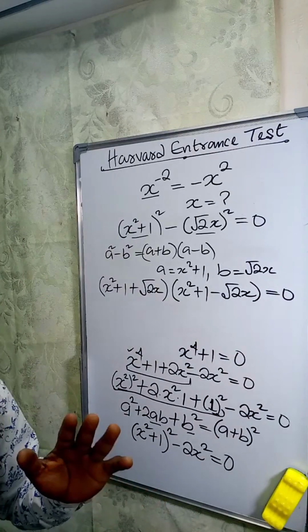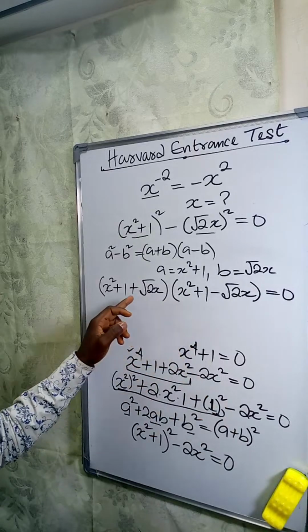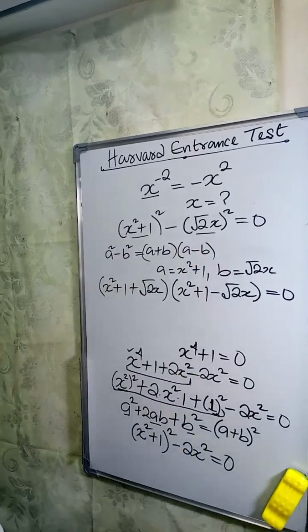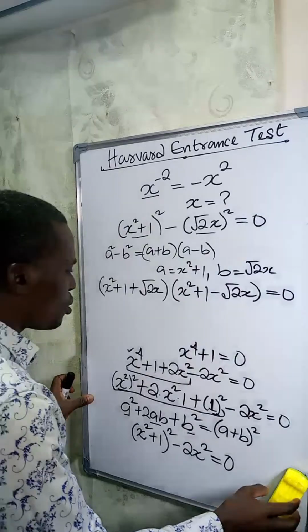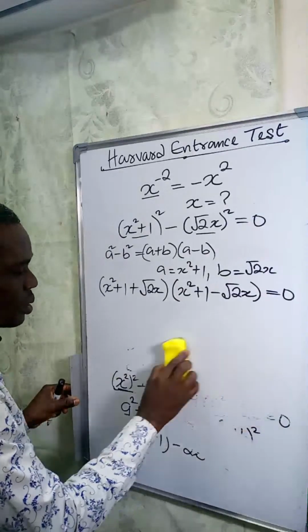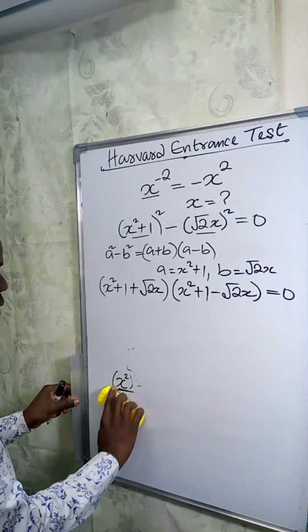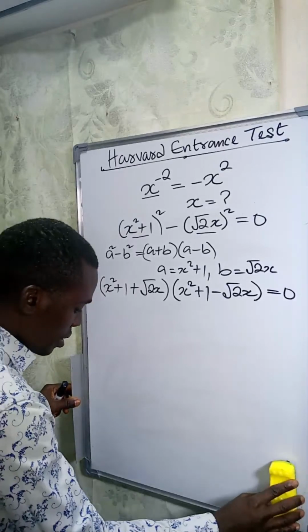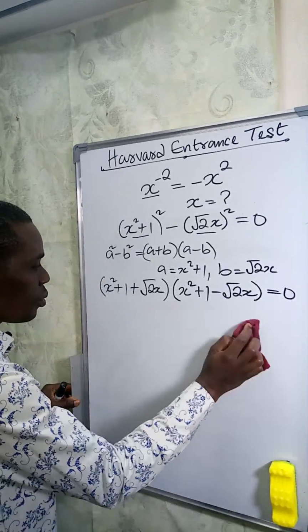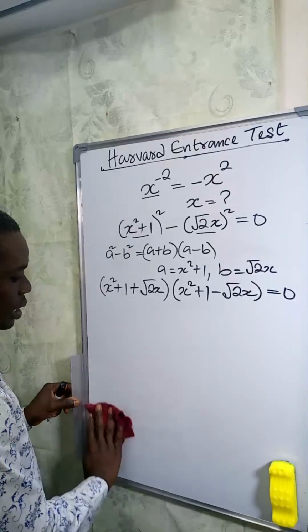Those are the two expressions I'm going to have. Now what do I have to do? I have to simplify those two expressions in order to get the value of x.